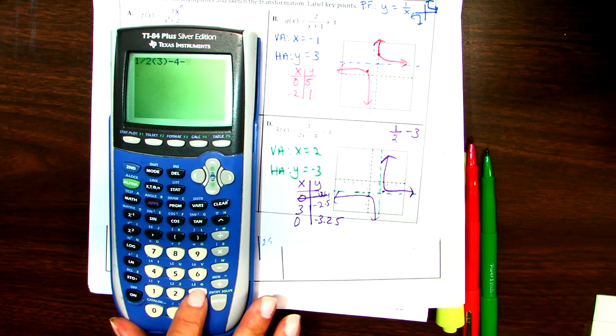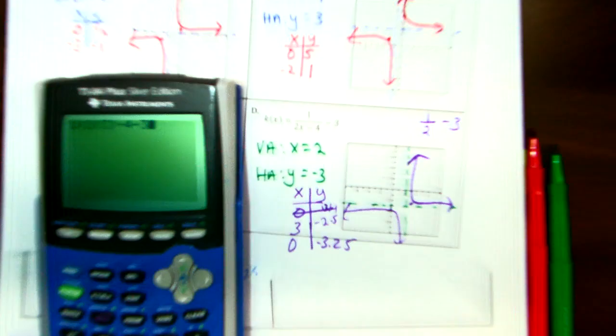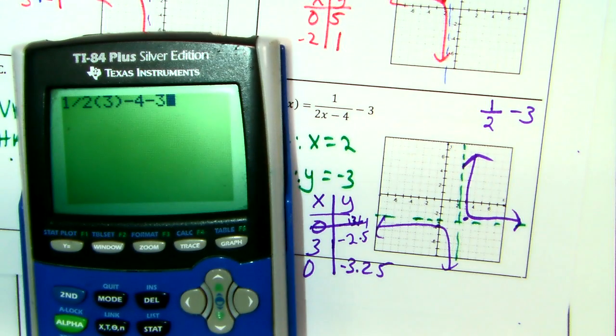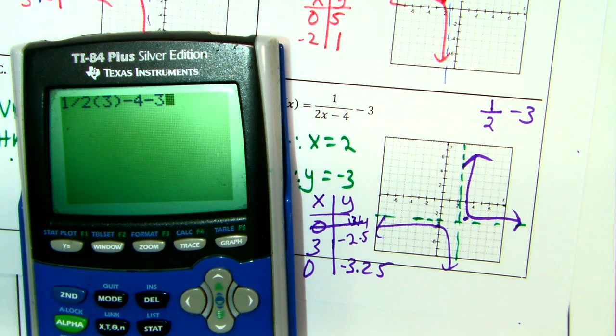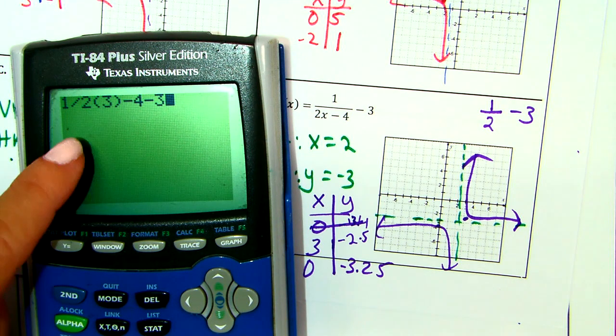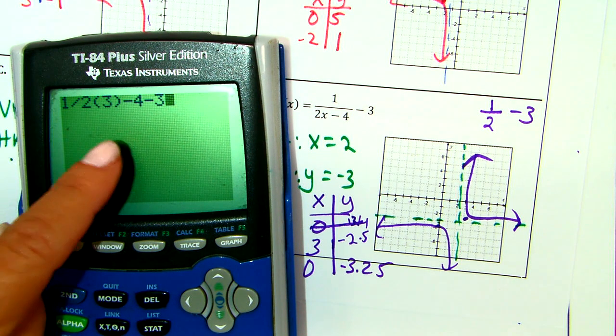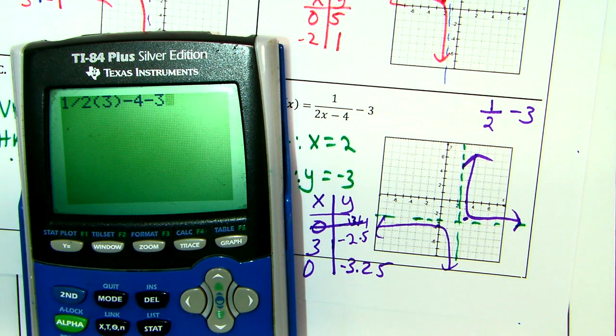So I'm glad she said this. Look at that. It's exactly what we say, right? It's 1 over 2 times 3 minus 4 minus 3. Your calculator is going to do exactly what that says. Your calculator is going to do 1 divided by 6 minus 4, then minus 3, which is not going to give the same answer as mine.